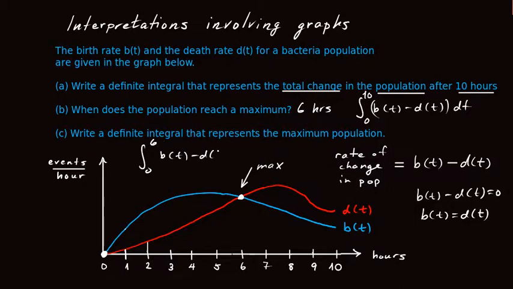So that's the total change between when we started and when we got to 6. Now we're going to assume that the population was 0 at time 0, in which case the total change represents the population. If, however, we had started with some other population, like 100 bacteria at time equals 0, we'd have to add that 100 in because this only gives us the change from 0 to 6. Okay, that answers C.